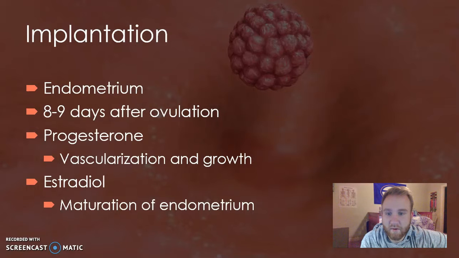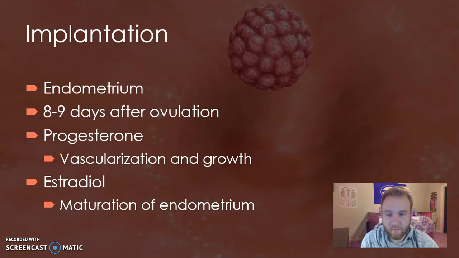Progesterone is a steroid hormone that is involved in many biological mechanisms in the human body, but most importantly, it causes changes in the uterus that increase vascularization and growth of the embryo. It also causes changes in the uterus that increase receptivity to implantation.